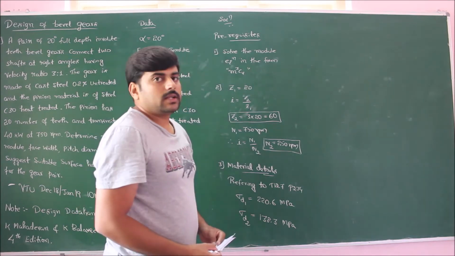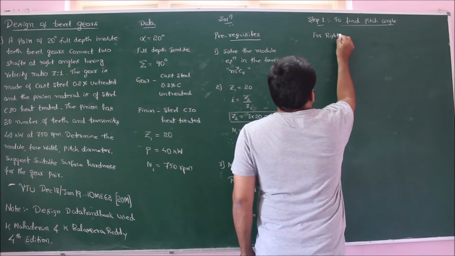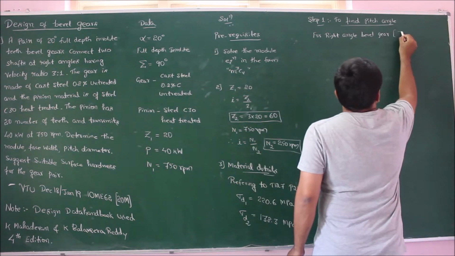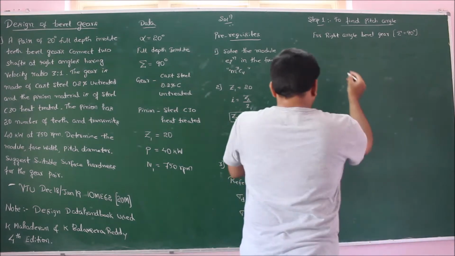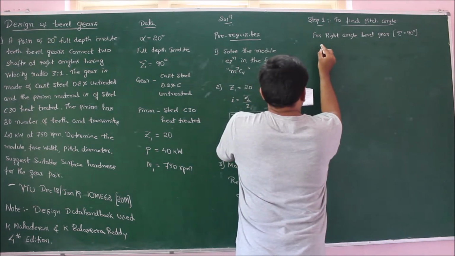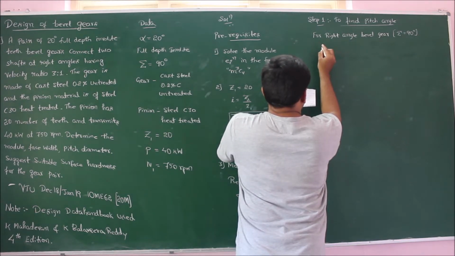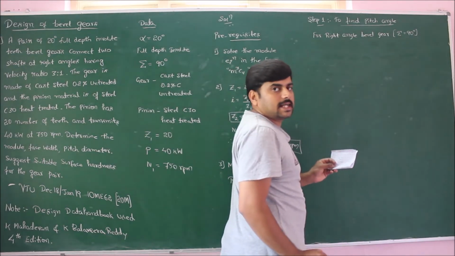Coming to step 1, to find the pitch cone angle for a right angle bevel gear, that is the shaft angle is equal to 90 degrees. The pitch cone angles for pinion and gear are given by equations 12.32a and 12.32b on page number 217 of our design data handbook.